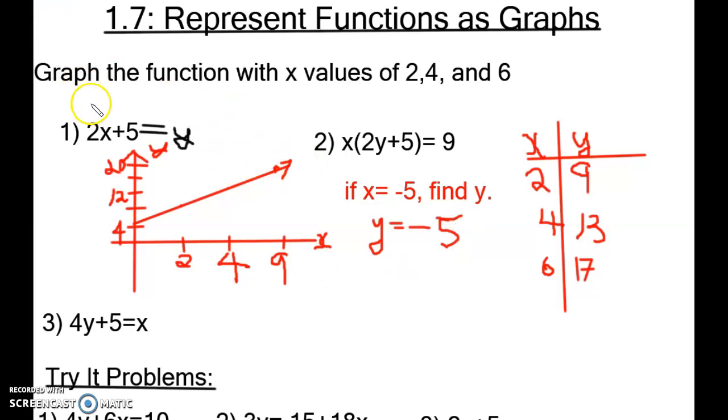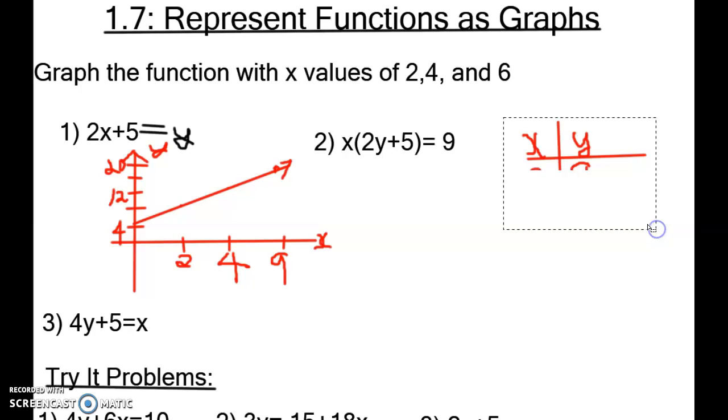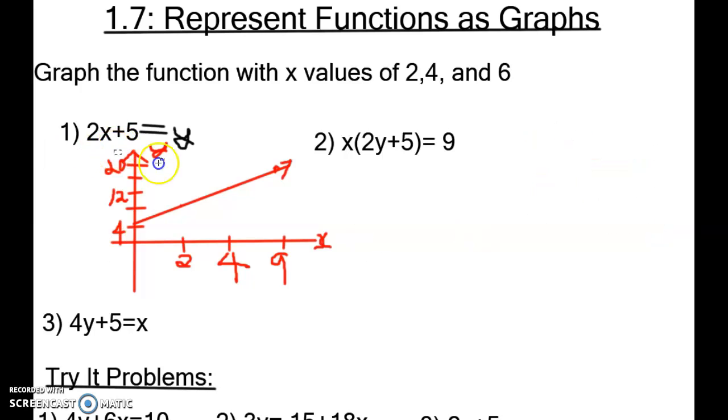Alright, let's go on to the next one. Okay, let's just clear up some space.